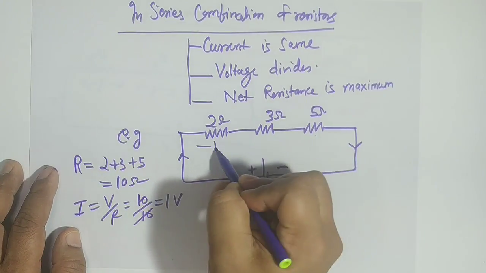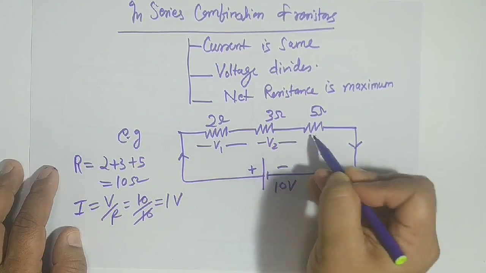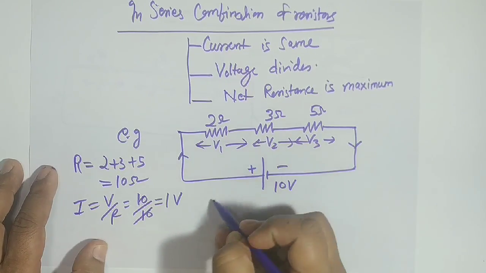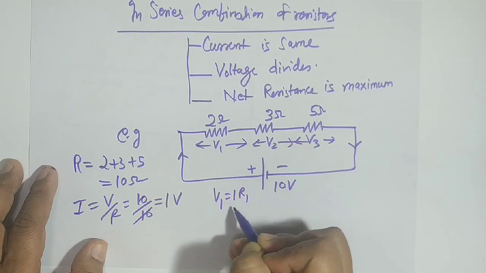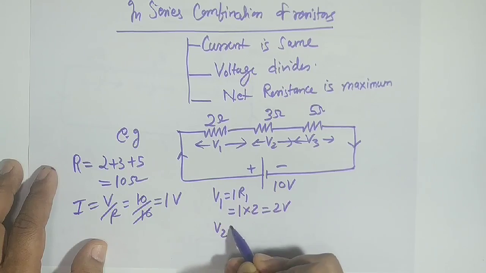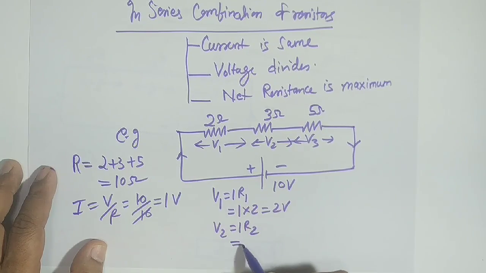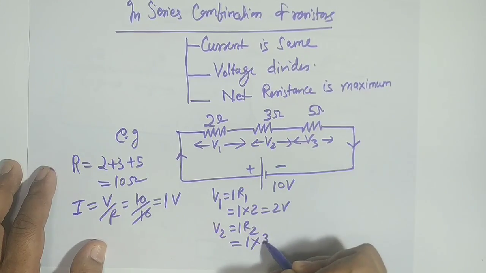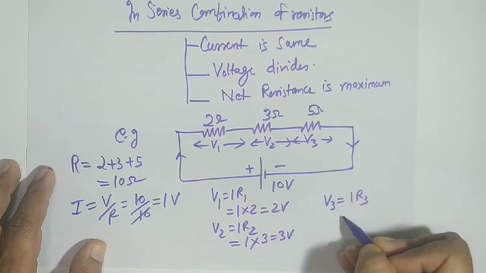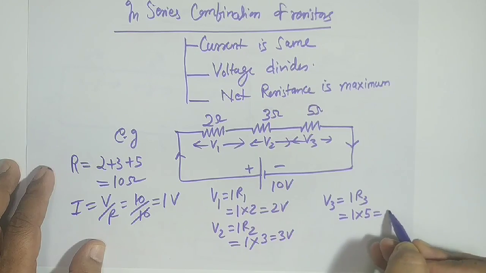And can you find out V1, V2, V3? Yes, that also you can find out, the potential difference across each resistor. What is V1? IR1. I is 1, R1 is 2, so it will be 2 volt. What is V2? IR2, 1 into 3, 3 volt. And V3 is IR3, 1 into 5, 5 volt.